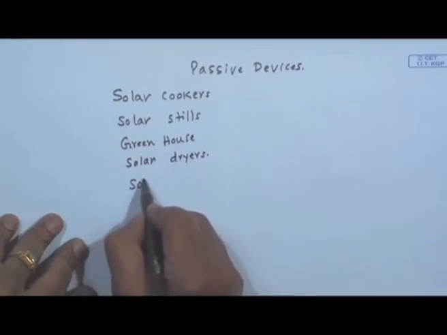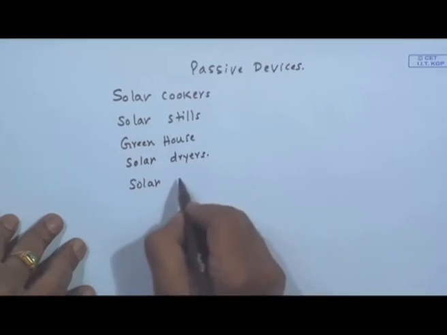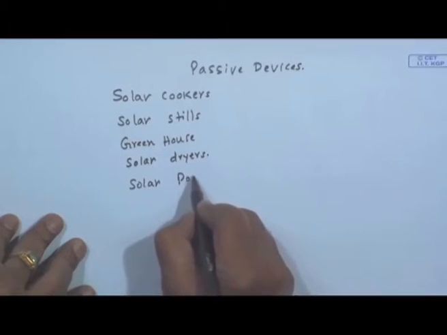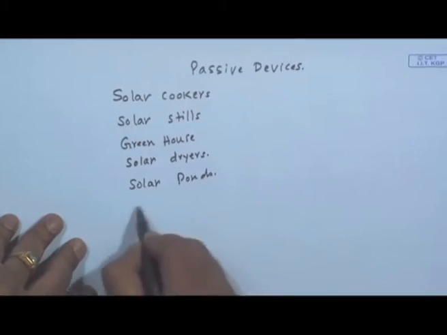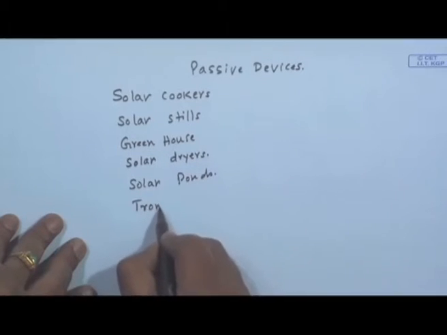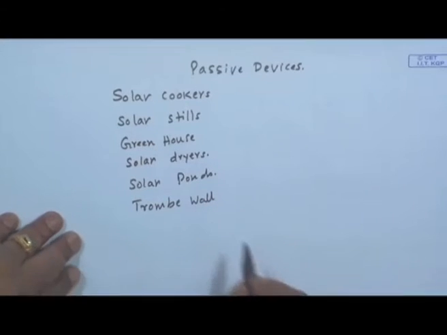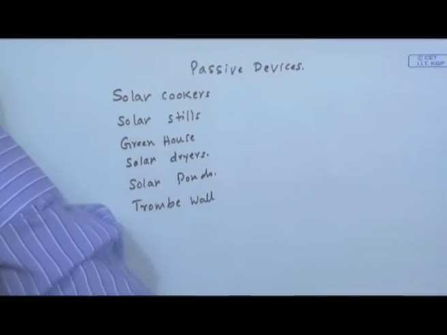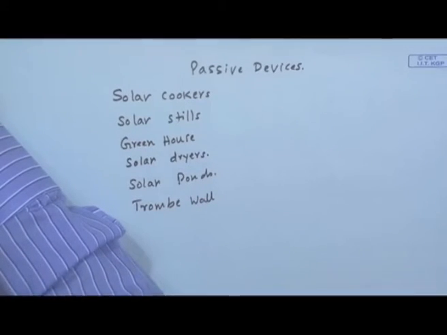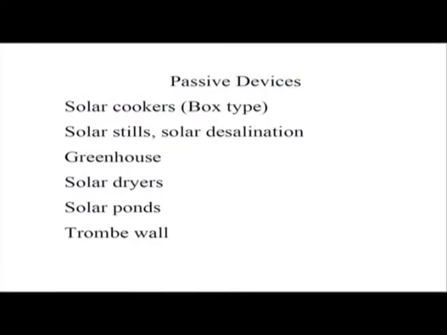Solar ponds, this is basically the concept of combining a collector and a solar device. And then a Trombe wall, it is basically a wall with an air gap through which air circulates, and during the daytime it picks up the heat and it warms the room inside, and a natural circulation loop is set up.